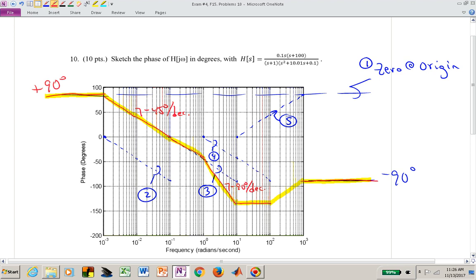And beyond 100, the only thing that's active is that 0 at omega equal to 100, and it quits sloping at 1,000. So now I'm flat at all frequencies beyond 1,000, and this slope is plus 45 degrees per decade. And that red highlighted in yellow curve is my phase plot for this particular transfer function.